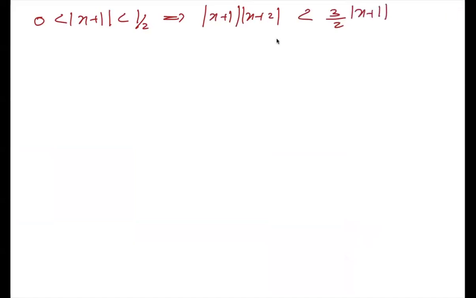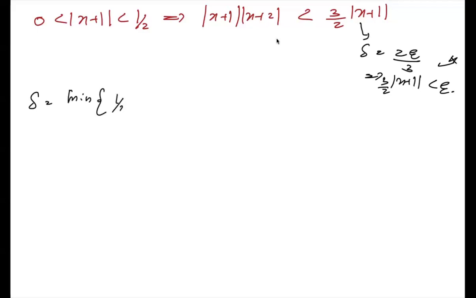And then I know from here, if I put my delta to be 2 epsilon over 3, this will imply 3 over 2 times the absolute value of x plus 1 is less than epsilon, and the game is done. So I put my delta equal to the minimum of half and 2 epsilon over 3.